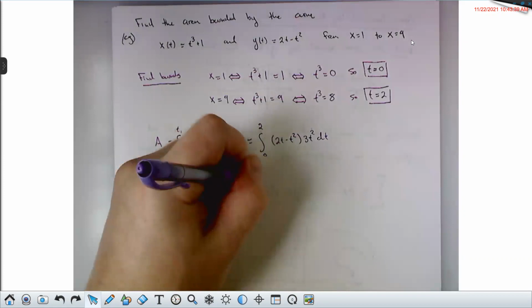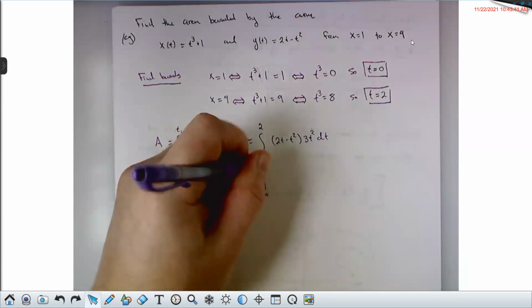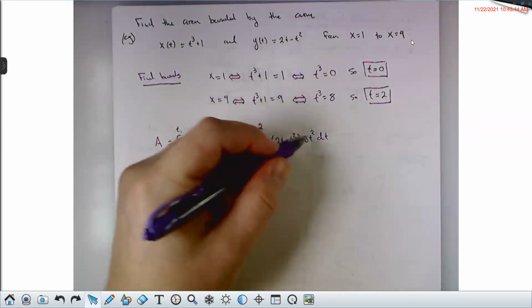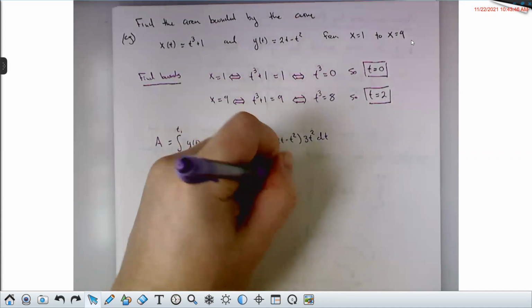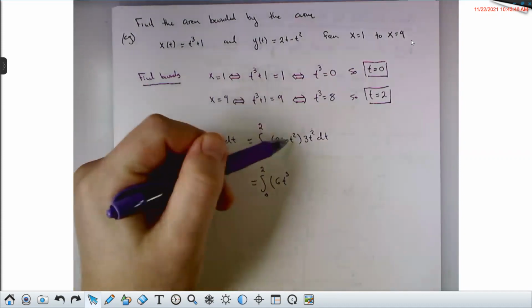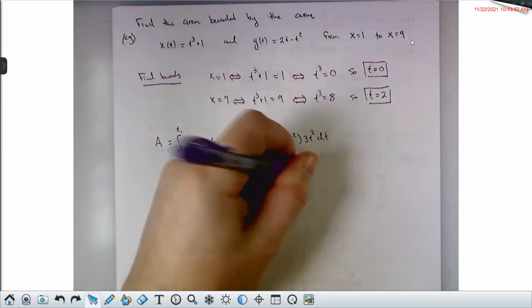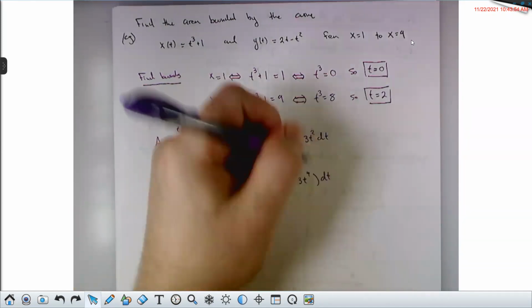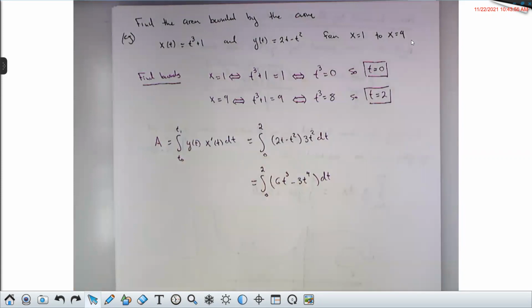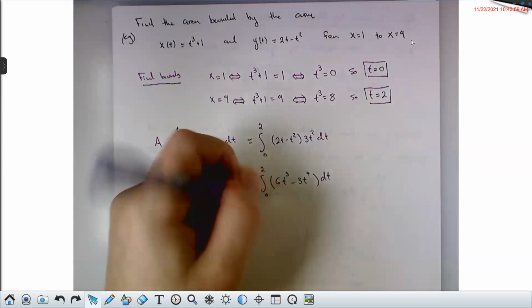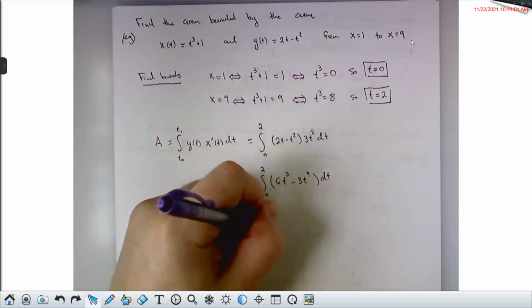We can distribute. 2t times 3t squared is 6t cubed. t squared times 3t squared is minus 3t to the 4. And we can take our antiderivative. You could factor out a 3 if you wanted, but I won't bother.